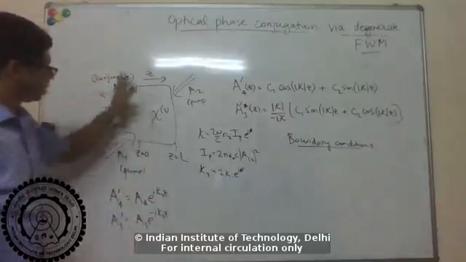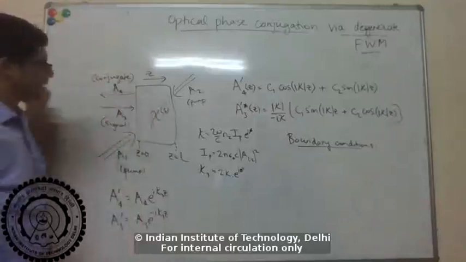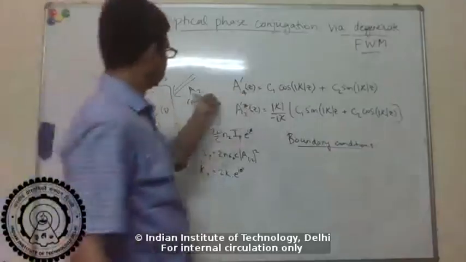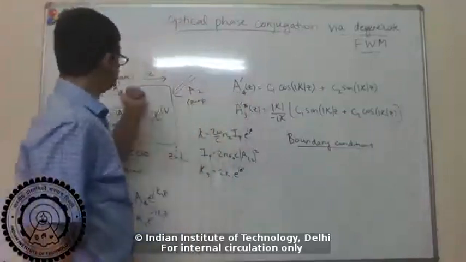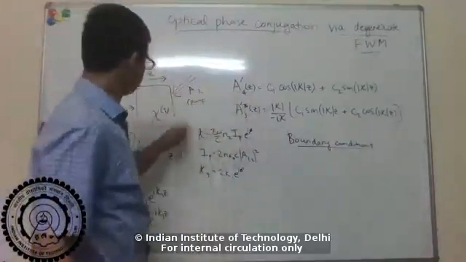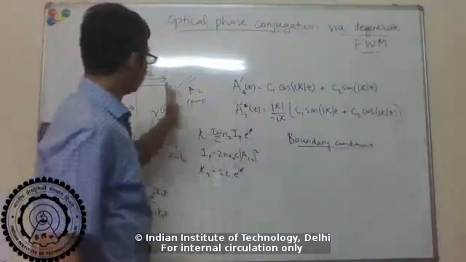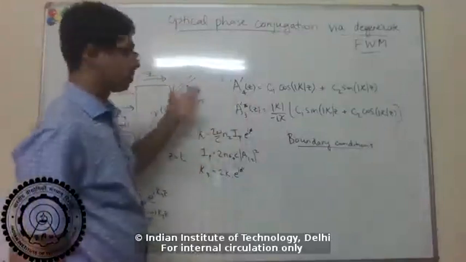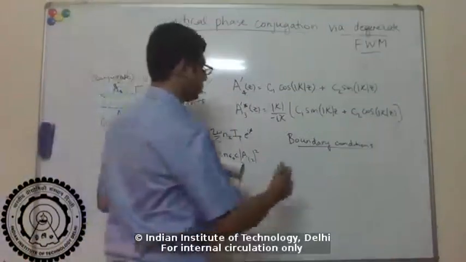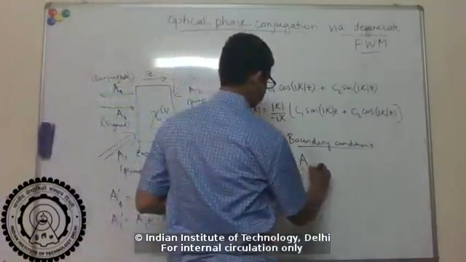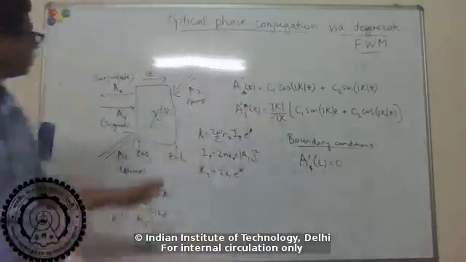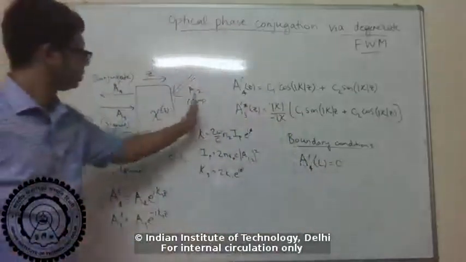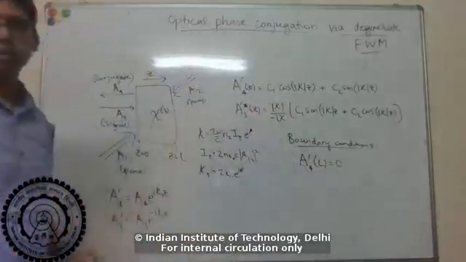Due to the nonlinear interaction, the conjugate wave gets generated and reflected back. From this side, we don't have any input, or you can say that for z greater than L, there's no conjugate beam, because there's nothing there. So A4 prime at L is 0. Basically, there's no conjugate beam beyond this point.